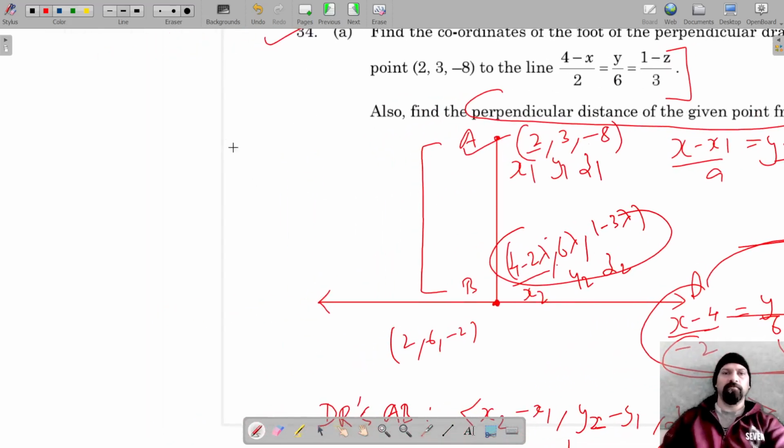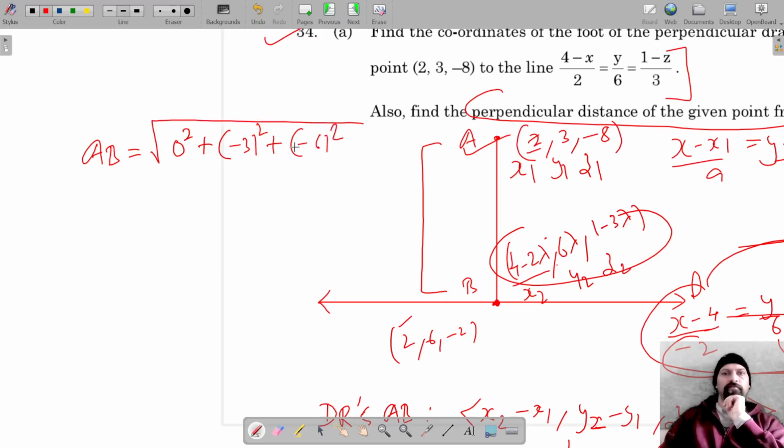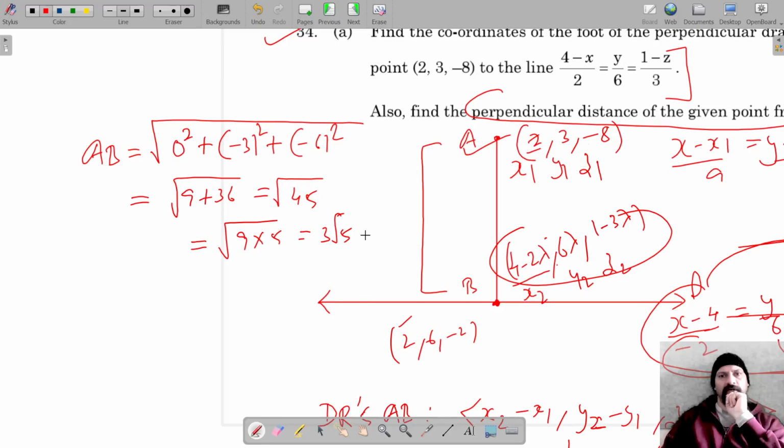Using the distance formula, this is the square root of (2 minus 2) squared, which is 0, plus (3 minus 6) squared, which is (-3) squared, plus (-8 minus of minus 2) squared, which is (-6) squared. So this is the square root of 9 plus 36, which is 45, and I can write 45 as 9 into 5. So 3 root 5 units is the perpendicular distance.